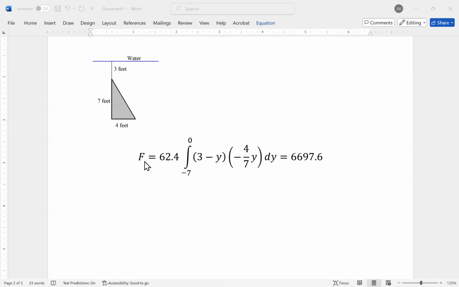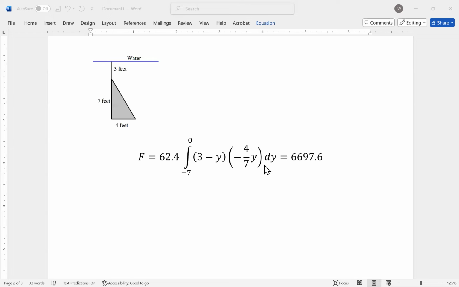In that section, we calculated the fluid force being applied on this vertical plate by, since it's water, a weight density of 62.4. And then we were integrating from -7, that was the bottom of the triangle, up to 0, that's the top of the triangle. The depth of the water was always 3 minus whatever y value we were at if we had a representative rectangle.